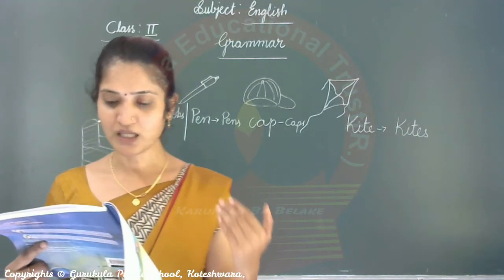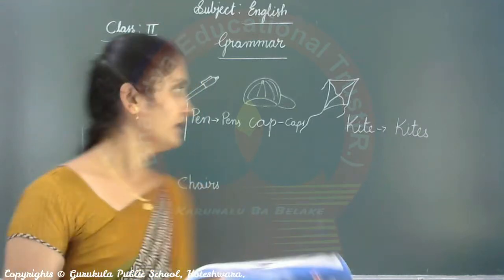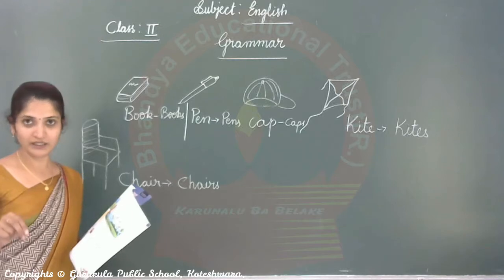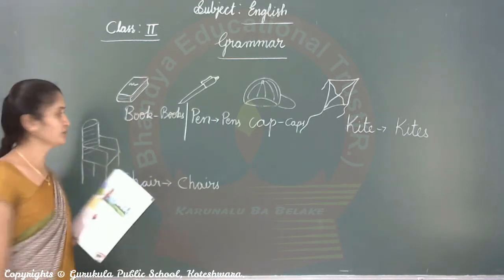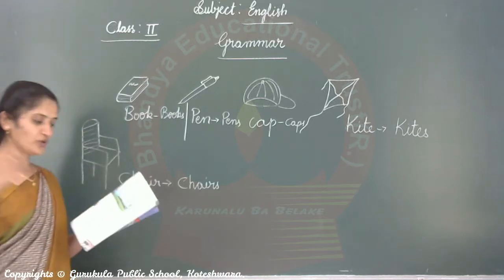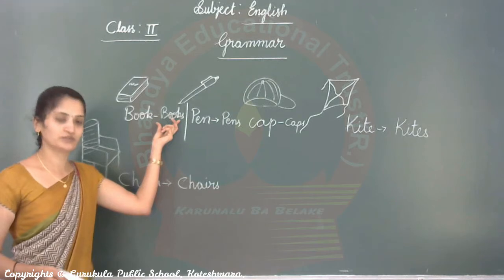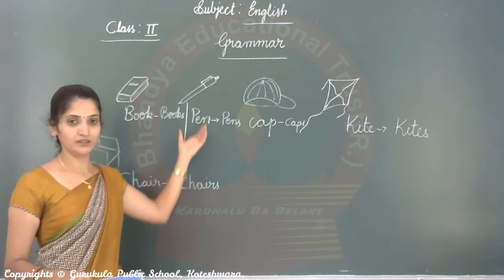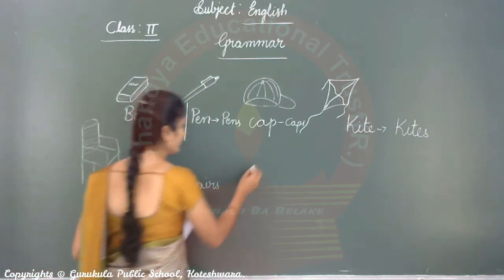Naming words can also talk about more than one person or thing. What is that? This is a book. Book is also a naming word, the name of a thing. So that is a book. If it is more than one thing, what is that? Books, right? As I said, if it is a pen, this is also a thing. Everything I wrote is things only. I can write one more.